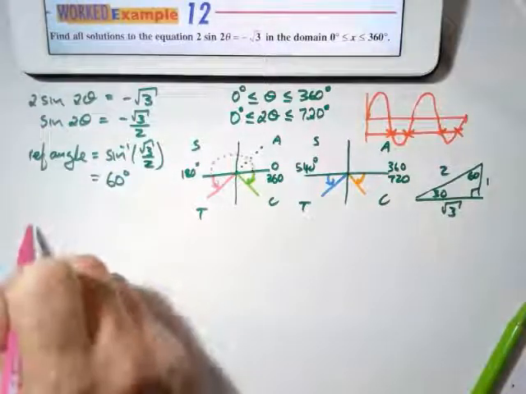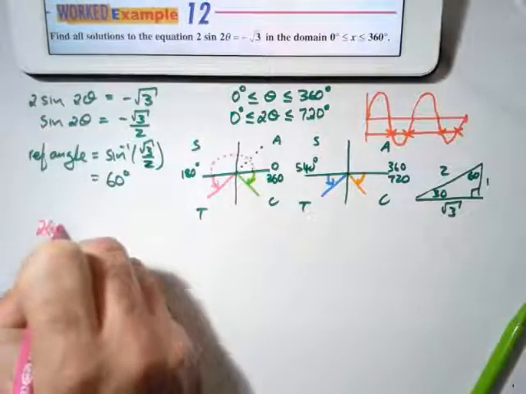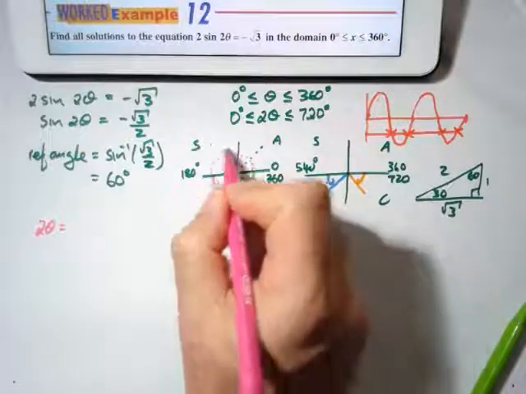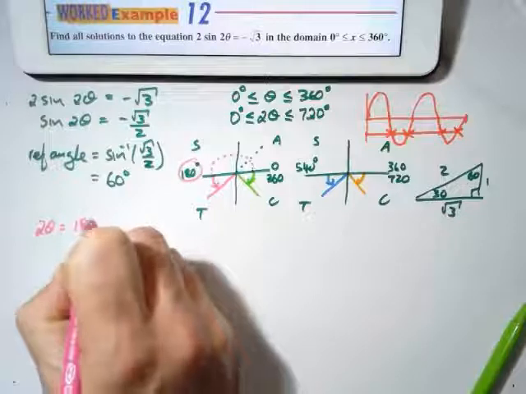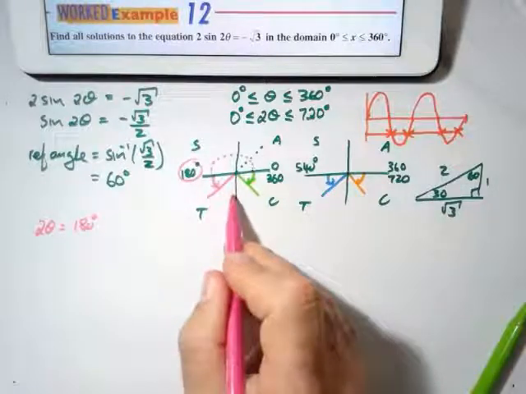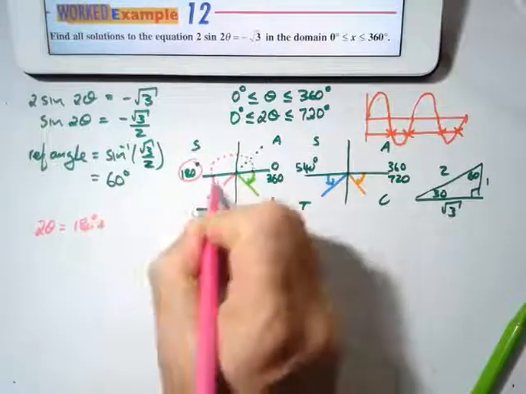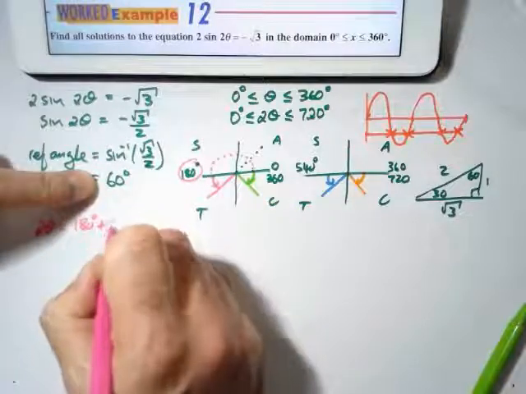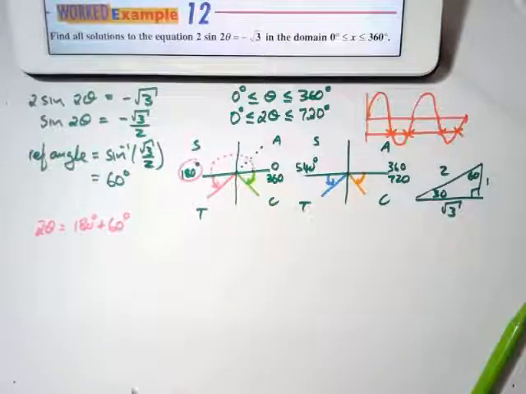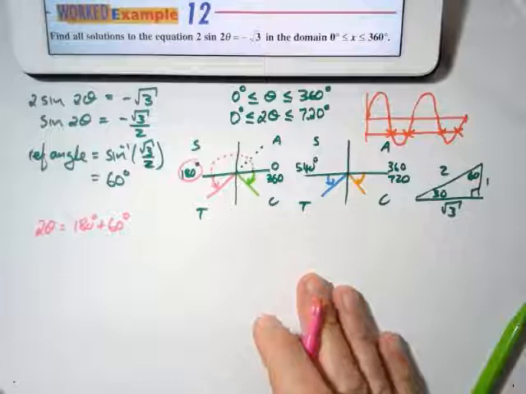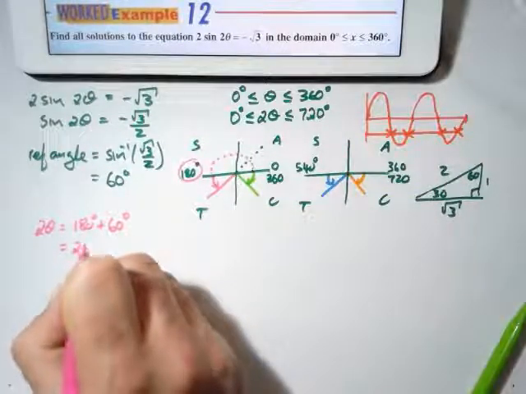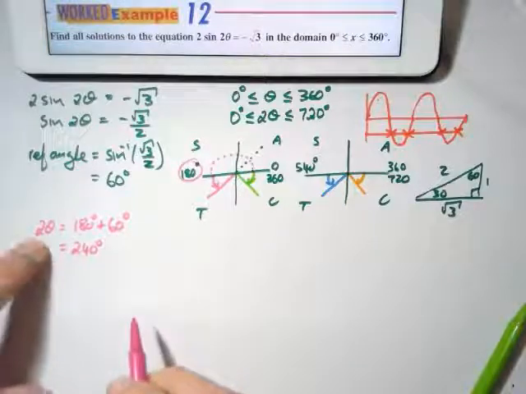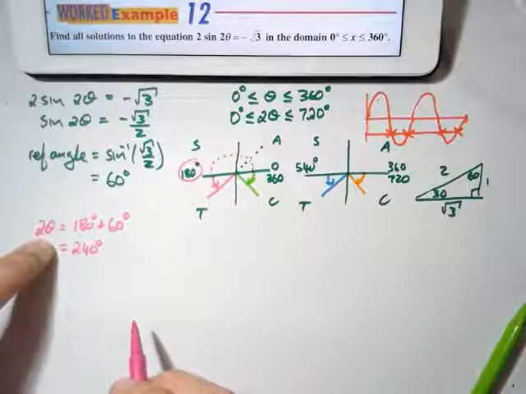So that first angle, 2 theta, equals 180, and then I'm going in the positive direction, so it's plus my reference angle, which is 60 degrees. 180 plus 60 equals 240 degrees. That is for 2 theta.